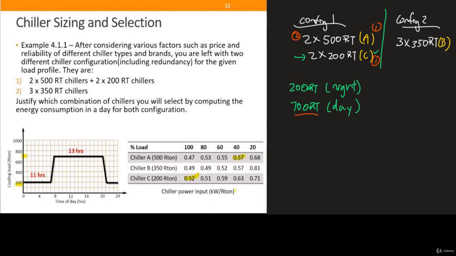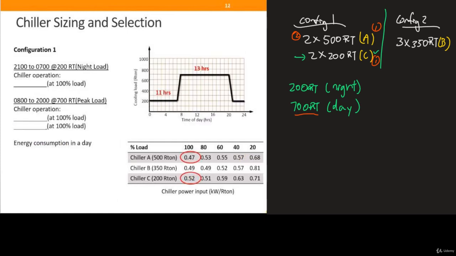But using the same argument, at 70% your chiller efficiency is not as good as at 100%. So in this example, you will run 1 times chiller C at 100% load, and 1 times chiller A and 1 times chiller C at 100% load for the peak period. This is your operating schedule.